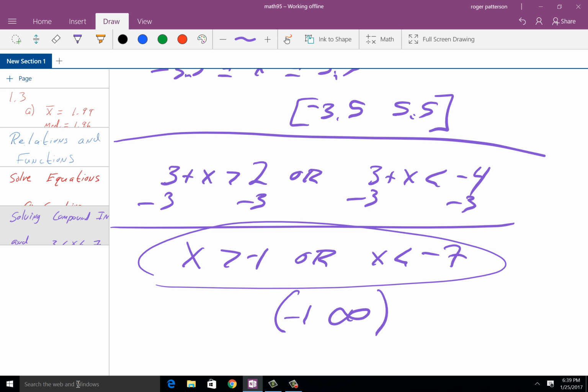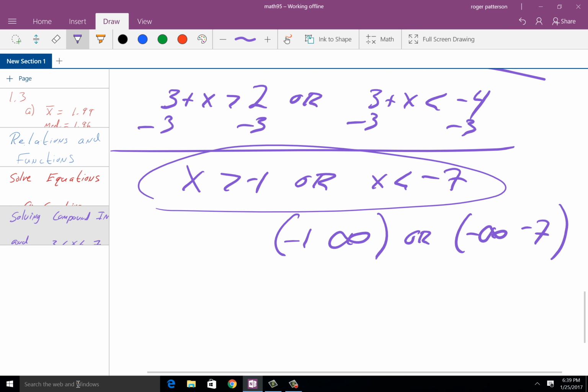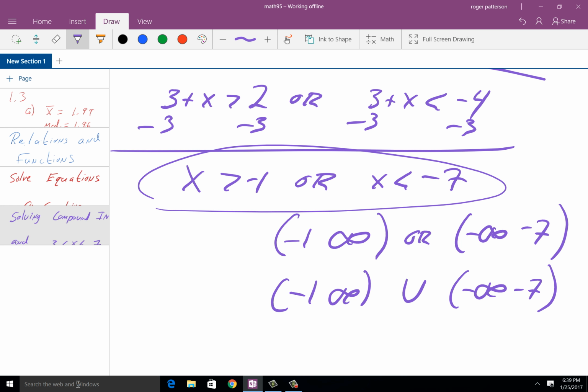Or less than -7, so it's negative infinity, -7 parentheses. Union means or, and this means intersection, which is an and, just in case you see that somewhere.